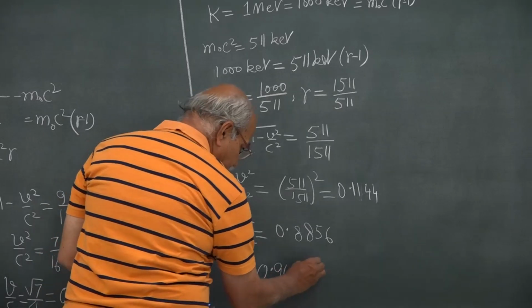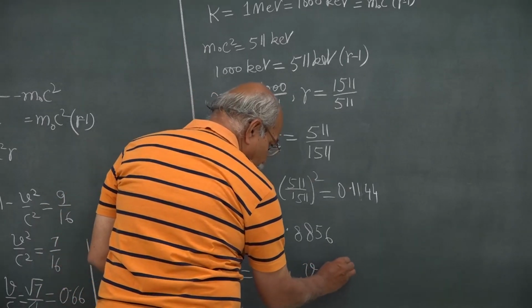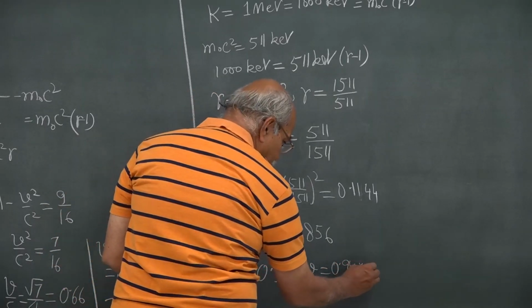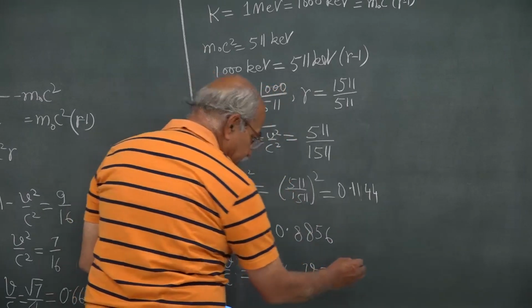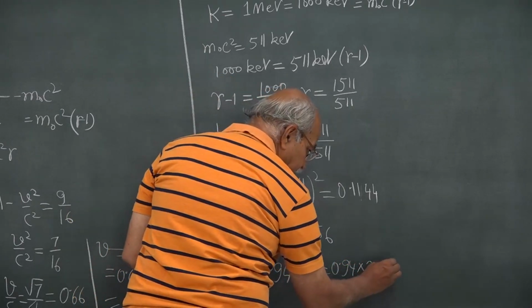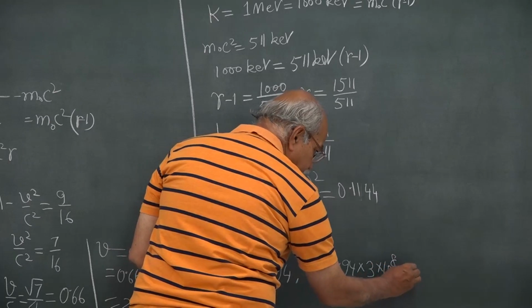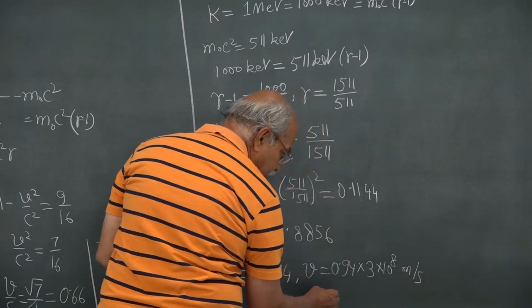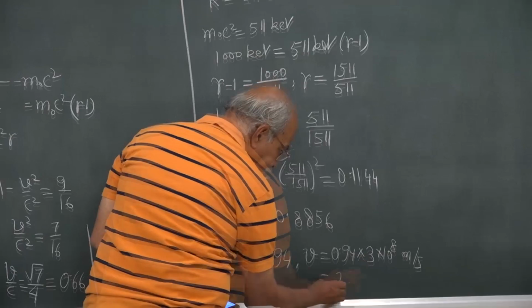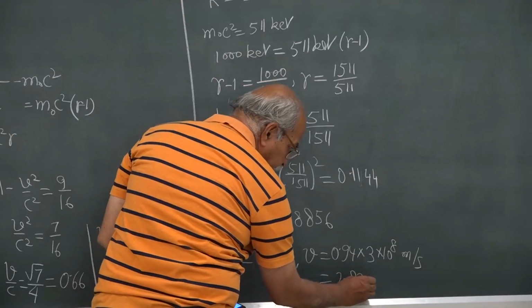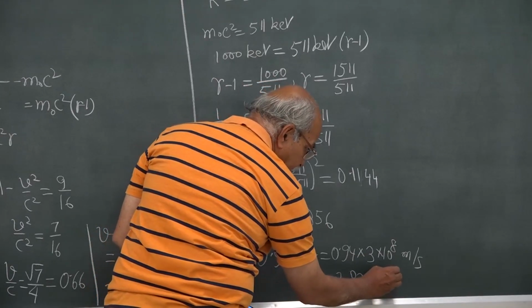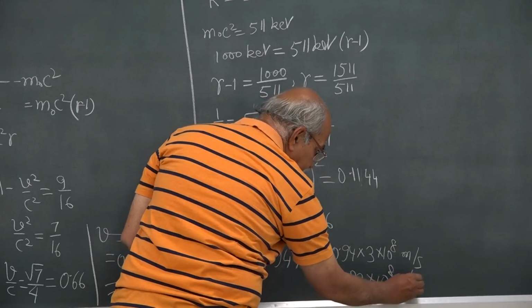So v is equal to 0.94 into c. C is 3 into 10 power 8 meter per second. So multiplying by 3, we get 2.82 into 10 power 8 meter per second.